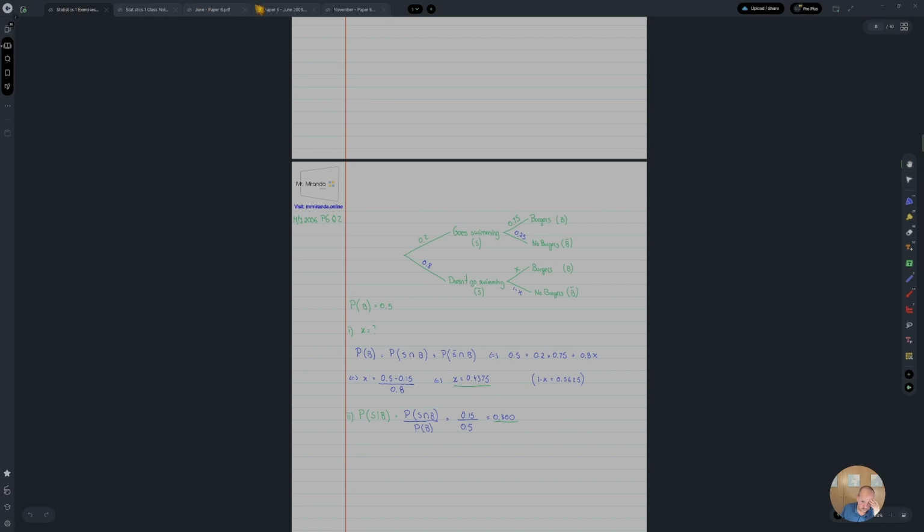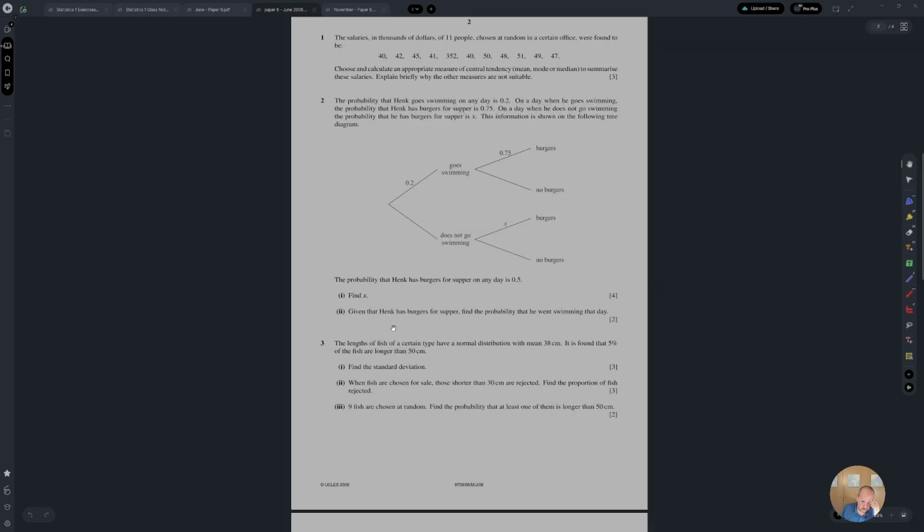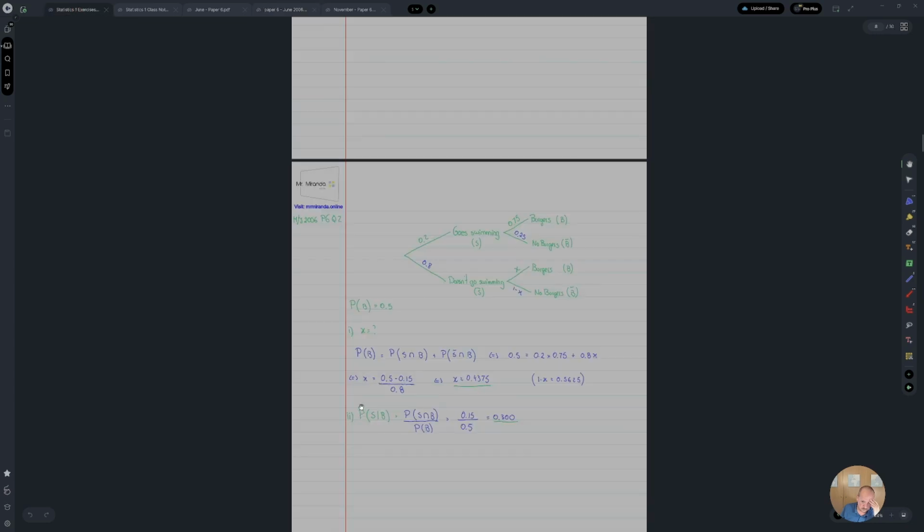Then the second question is, given that Hank has burgers for supper, find the probability that he went swimming that day. So the probability that he went swimming knowing that he ate a burger. So that's the probability of S and B out of the probability of B. So what is the probability of S and B?